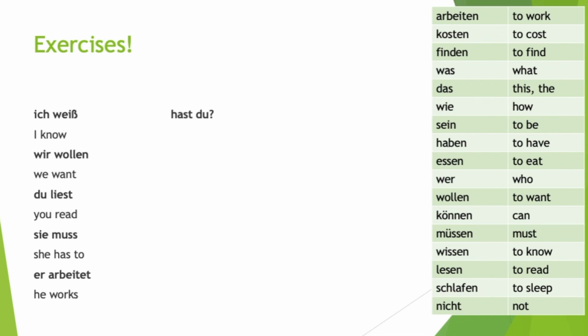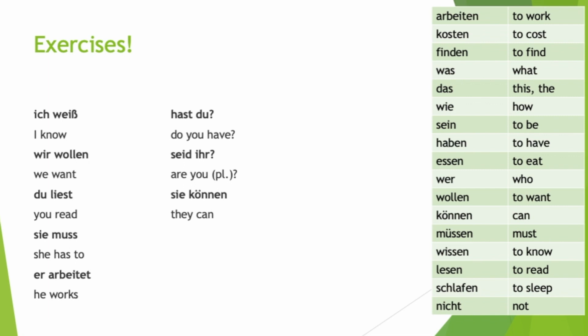Good job! Let's do some more. Hast du? Of course, this is not a complete question. This is just for the sake of practicing and understanding how questions work, but as soon as you know more words, we'll be able to make really complex whole sentences. Do you have? Seid ihr? Are you? Plural. Sie können. They can.